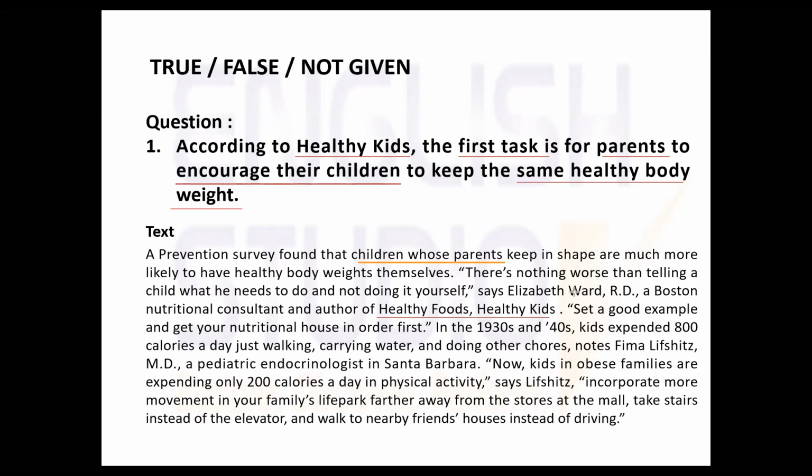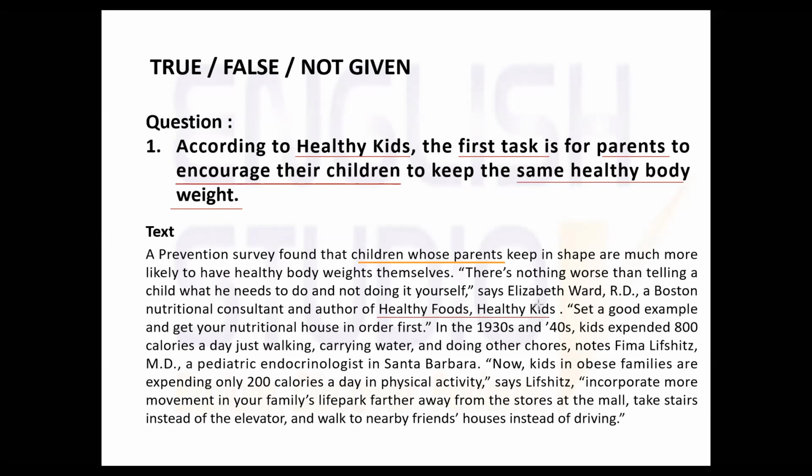Elizabeth Ward says nothing is worse than telling your child what to do when you don't do it yourself, while here it says the first task is for parents to encourage their children to keep the same healthy body weight. Is what the question says the same as what Elizabeth Ward says?